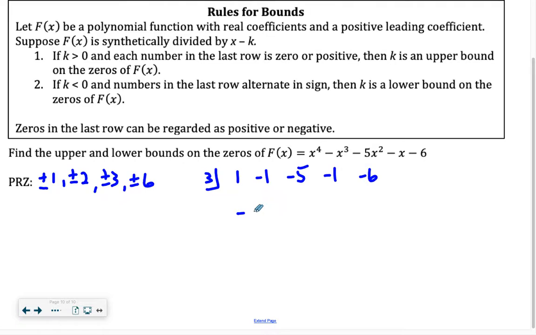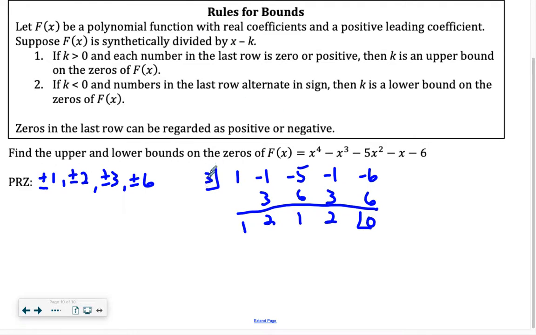So synthetically divide, bring the 1 down, multiply, add, multiply, add, multiply, add, multiply, and add.